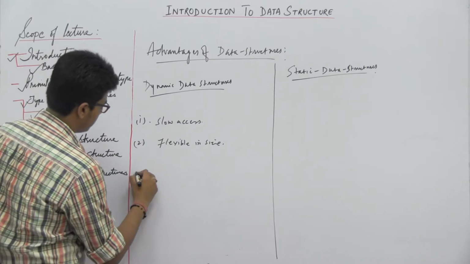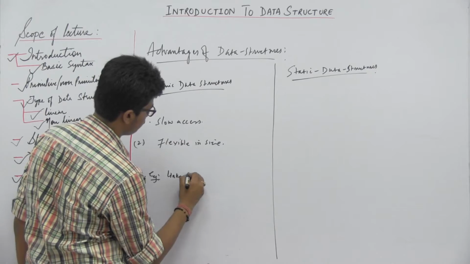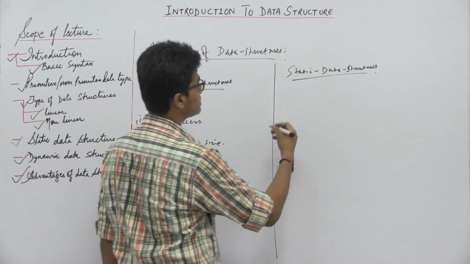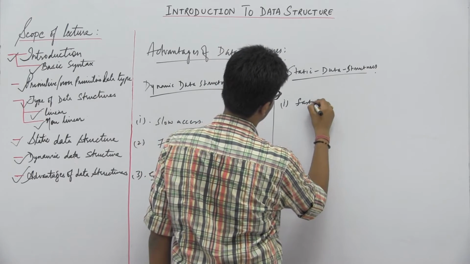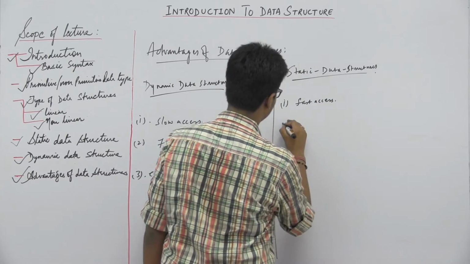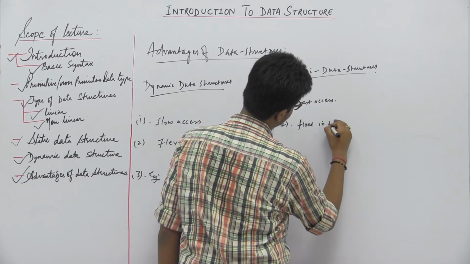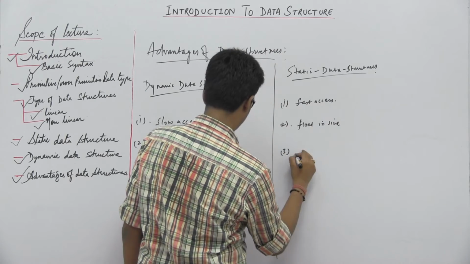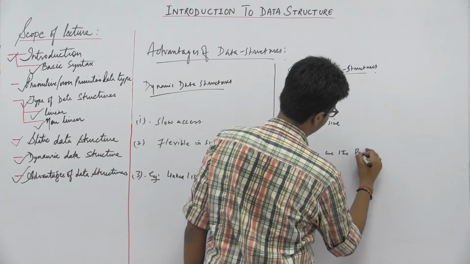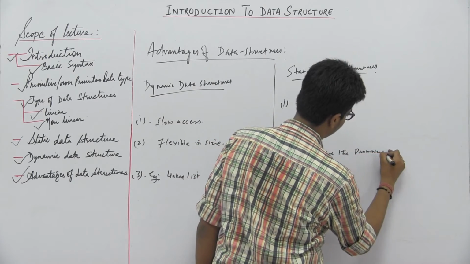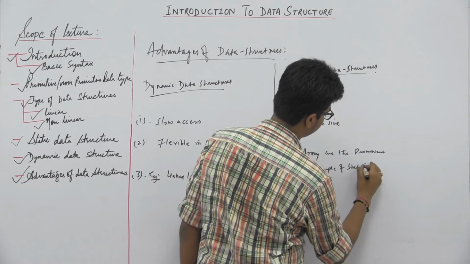An example of this is a linked list. Whereas in a static data structure, access is fast, and you can easily get data from it. It is fixed in size, and a prominent example of a static data structure is the array.